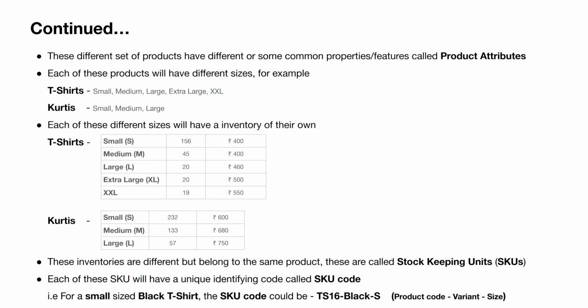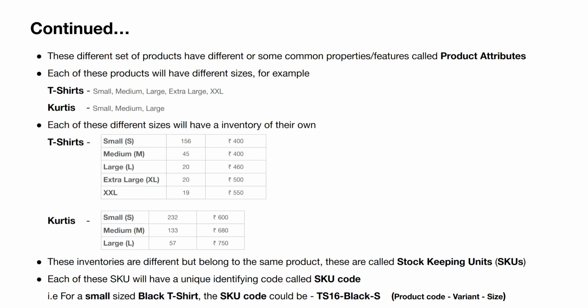Now all of these sizes will have inventory of their own. We can't say that for t-shirts we have 100 stocks. We have to talk about what sizes we have in stock. So we will say like small. For example, here you can see in the table for t-shirts we have 156 of small sized t-shirts for a product, and each of these inventories can have their own pricing also. They can be same or different.